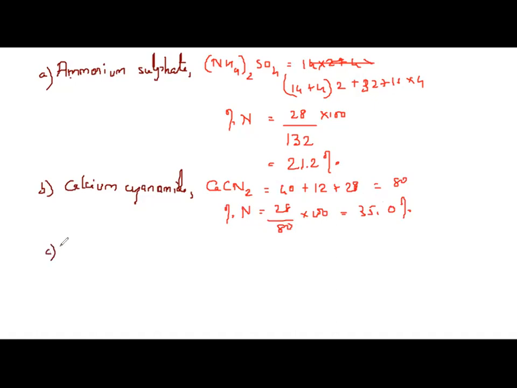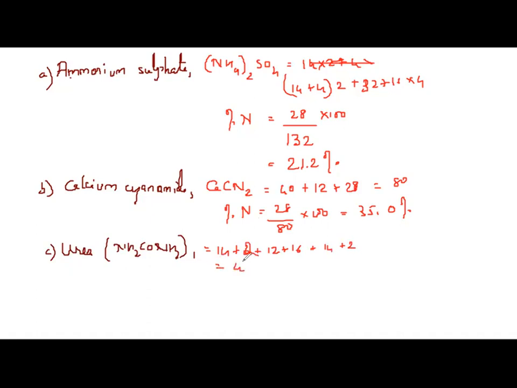Third option is urea. What is urea? NH2CONH2. Correct? How many atoms of nitrogen? Here NH2CONH2. So 14 plus hydrogen, there are 4, plus carbon 12, oxygen 16, plus 14 plus 2.